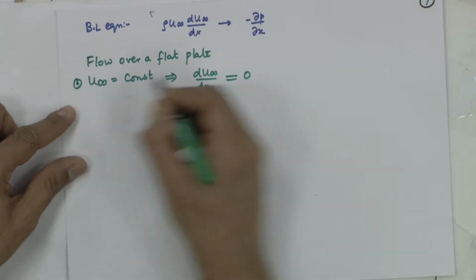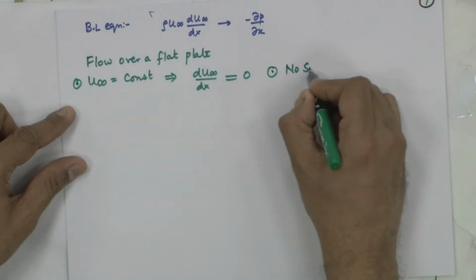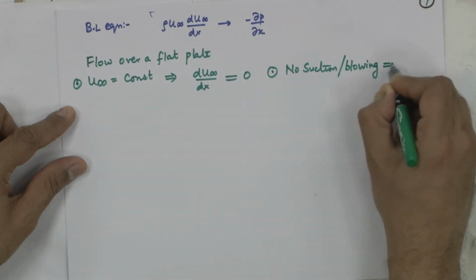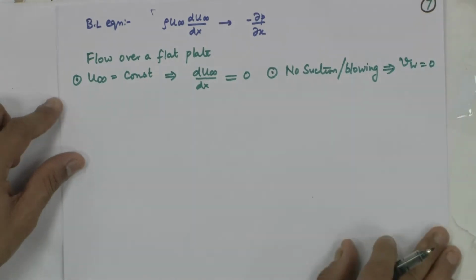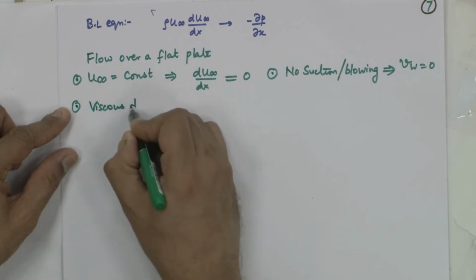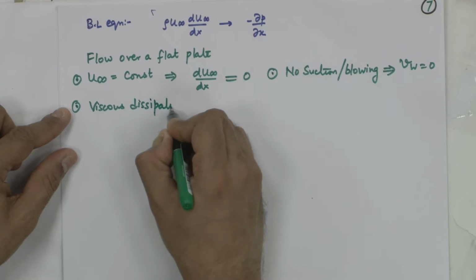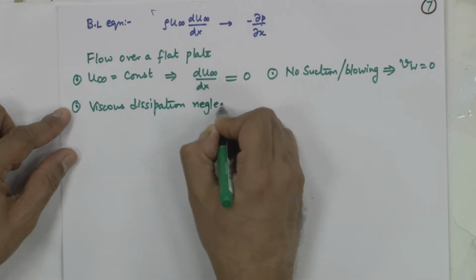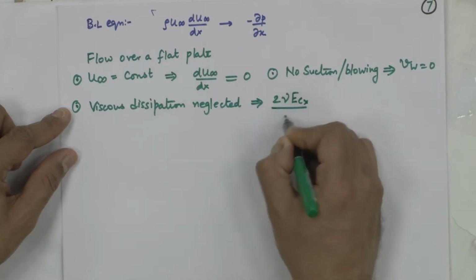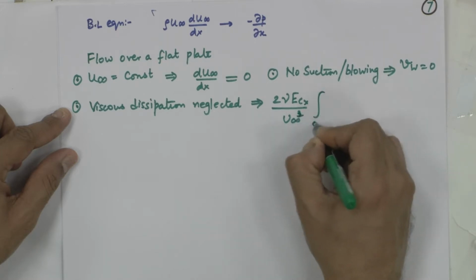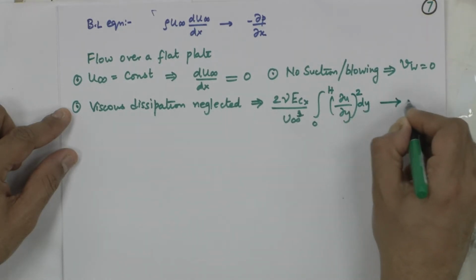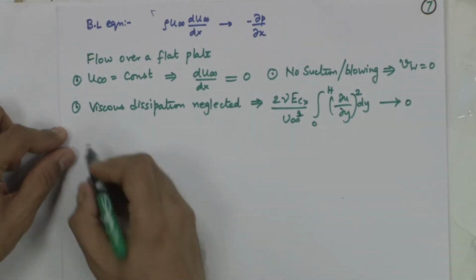This is the first assumption. Second assumption, no suction or blowing. This means Vw equal to 0. Third assumption, viscous dissipation neglected, implies 2 nu Eckert number by u infinity cubed times this is small, it can be neglected.